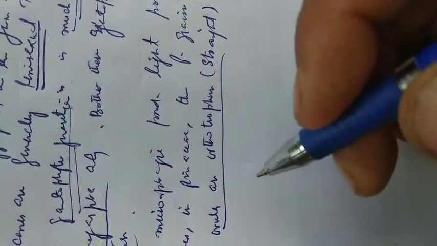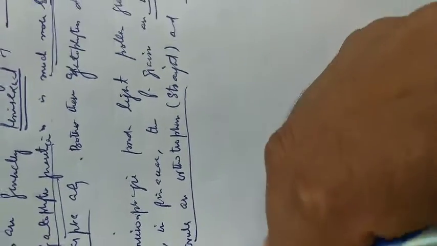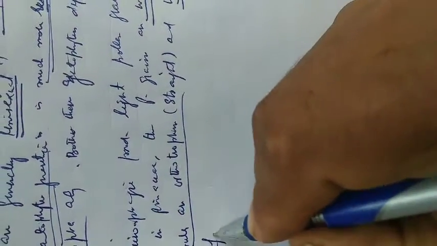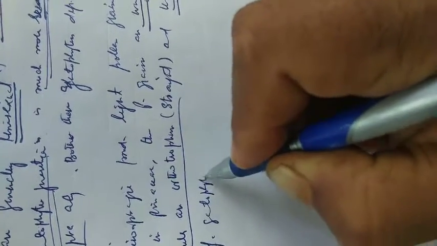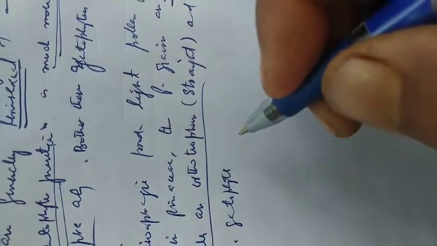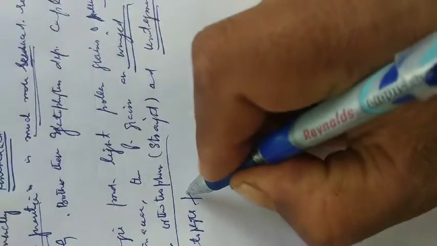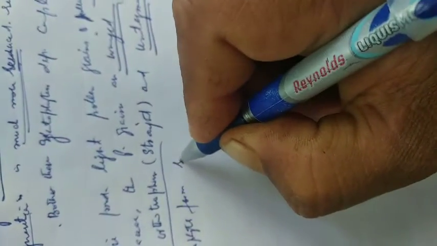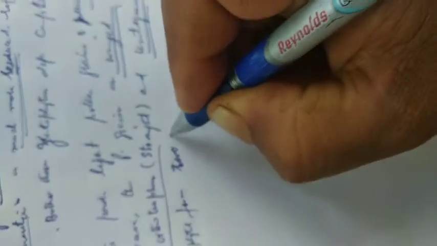The 16th feature is the female gametophyte. The female gametophyte forms two or more archegonia, which are female sex organs.